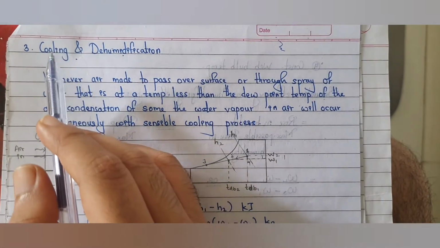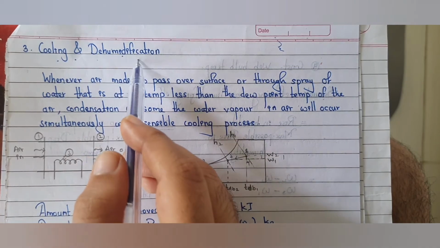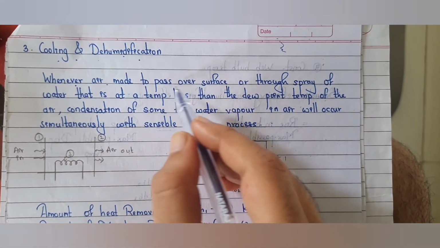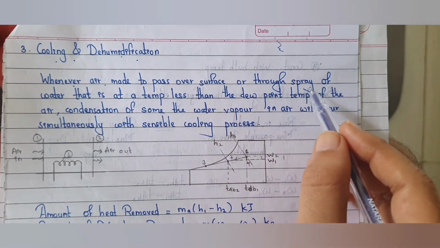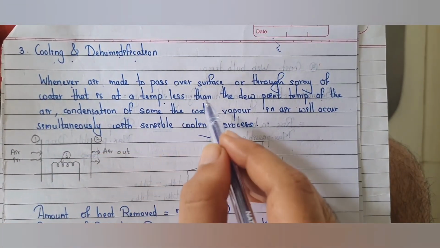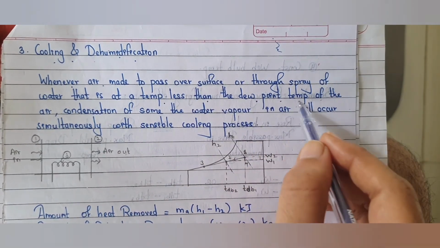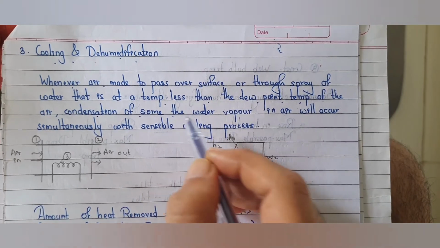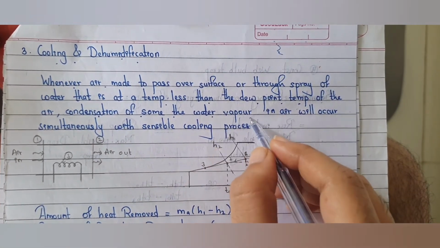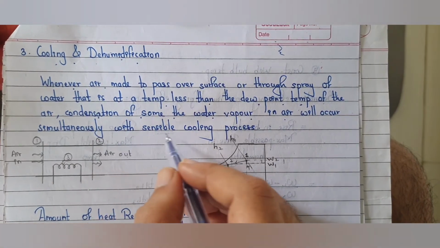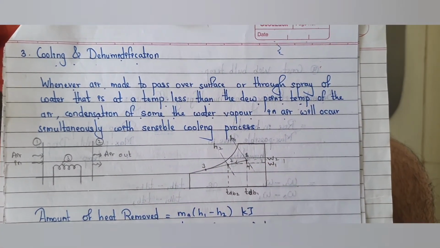Now we are starting with our third point, cooling and dehumidification. Whenever air is made to pass over a surface or through a spray of water that is at a temperature less than the dew point temperature of the air, condensation of some of the water vapor in the air will occur simultaneously with the sensible cooling process.